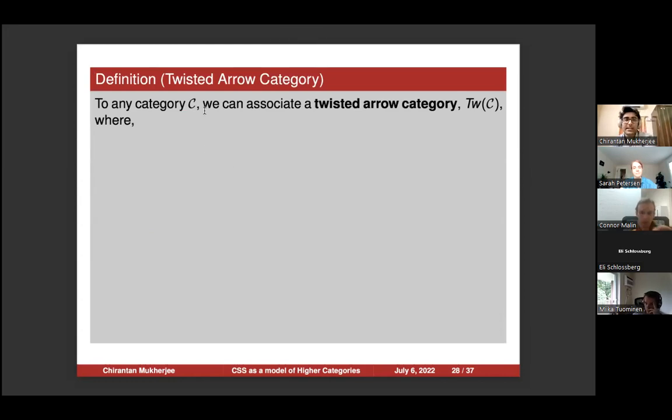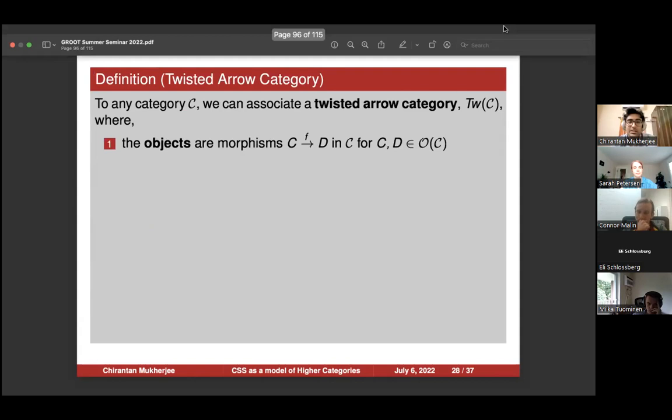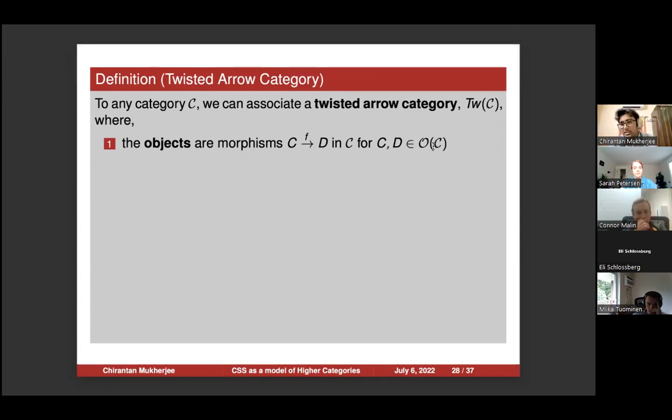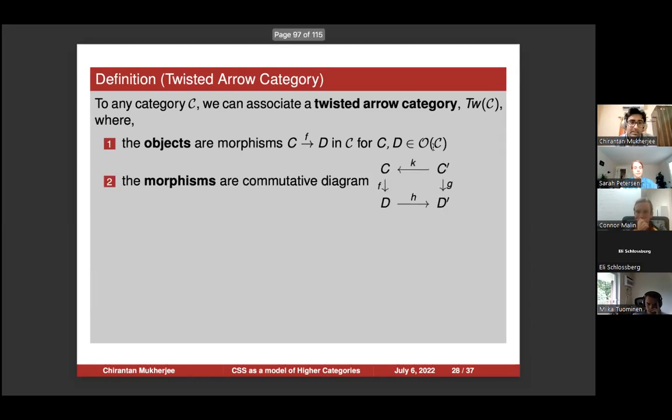Now, if we have a category C given to us, then we can associate to C the twisted arrow category of C, which we will denote by Tw(C), where the objects are morphisms in its underlying category, which I would denote as f from c to d, where c and d are objects in my original category C. The morphisms, if I have objects f from c to d and g from c' to d', I would denote using a commutative diagram like this, where note that in a general commutative diagram, my k should go from c to c', but in the twisted case, it goes from c' to c, and hence the name twisted arrow.